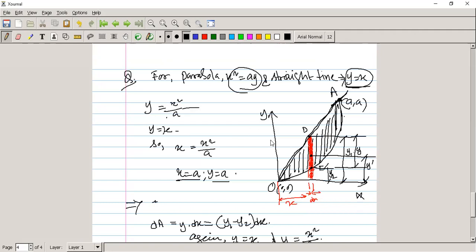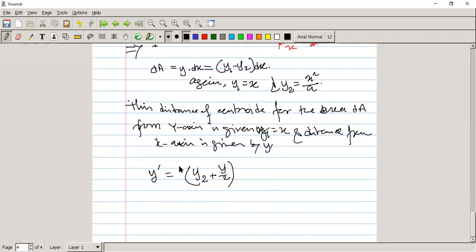Y by 2 is this portion, and this portion, these two plus is this one y dash. So this portion is how much? This total is y, so this is y by 2. Okay, and y is how much? Y is nothing but y1 minus y2 by 2.